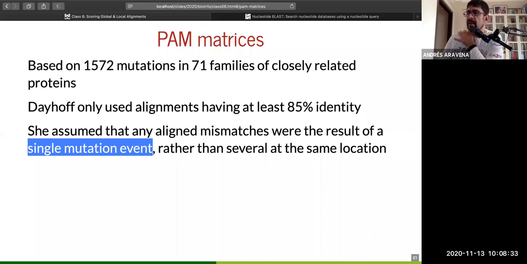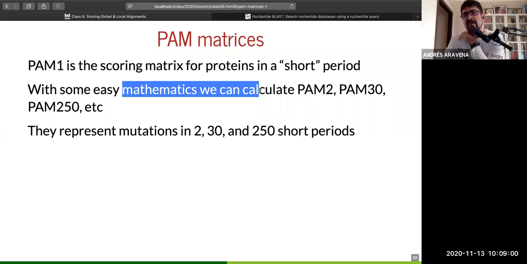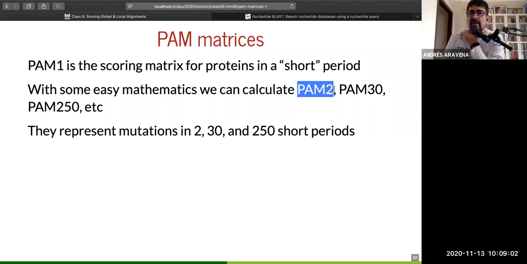So she defined this, and this is one of the clever ideas. She created a matrix called the point accepted mutation 1, PAM1, with the rate of substitution for a short period of time. What is the chance that an amino acid changes in a very short period of time? And then with very easy mathematics, that we're going to discuss after the midterm, she calculated what happened at 2 times, 3 times, 30 times, 250.